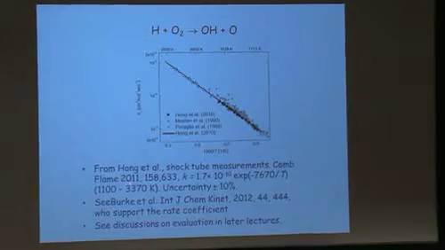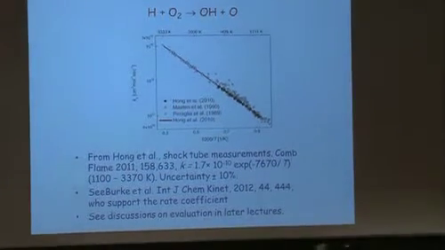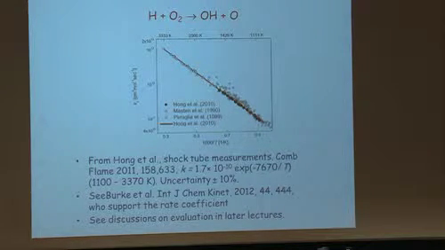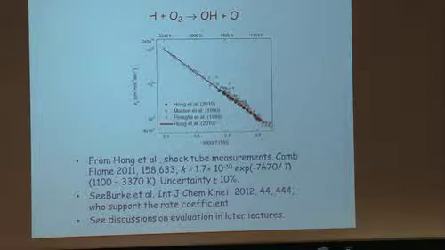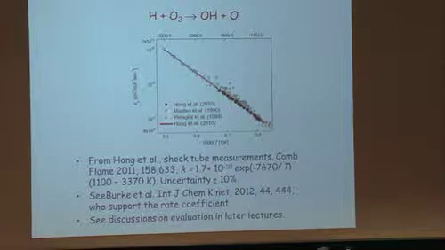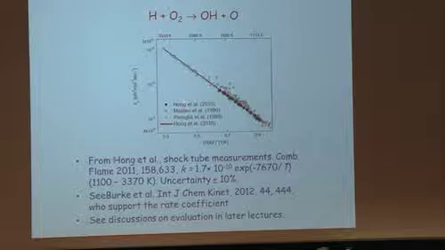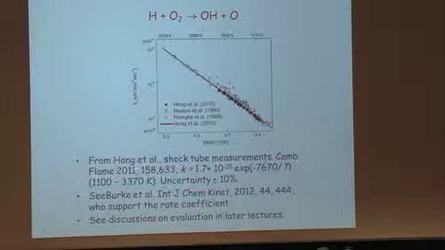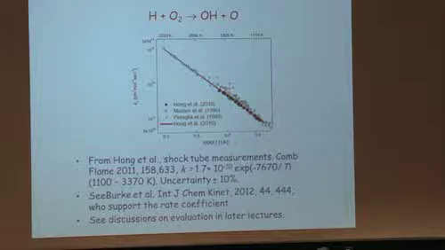There's the reference. These are a selected set of measurements that have been made for this reaction, covering a wide range of temperatures from about 1,000 K up to 3,000 K. These are measurements from Masten et al. These are measurements from Hong et al. And somewhat more scattered data from Pirraglia et al. And here's the fit from Hong et al.